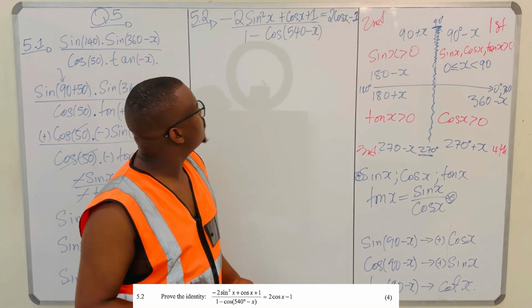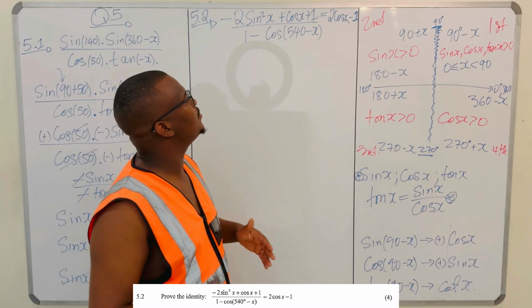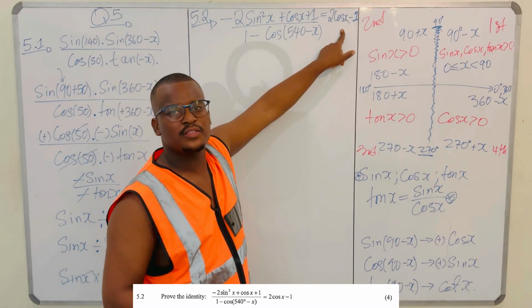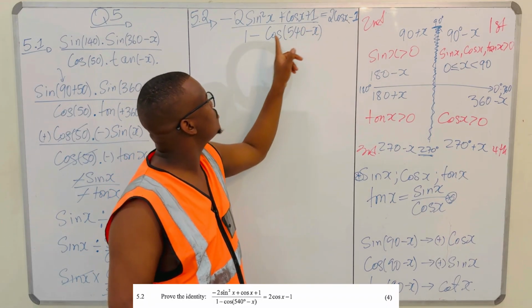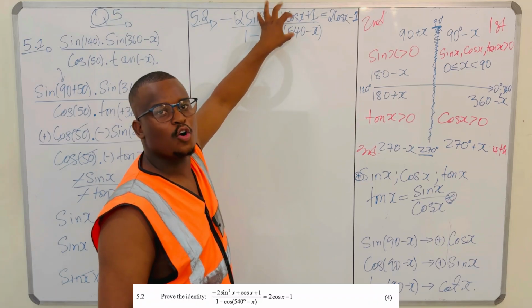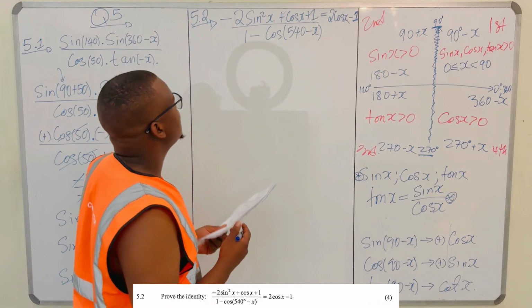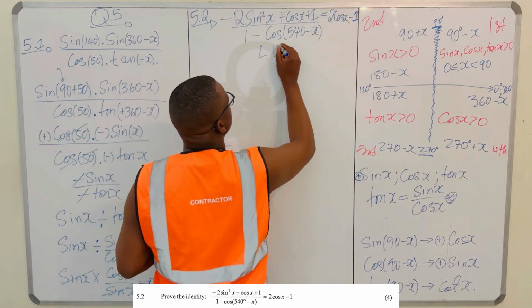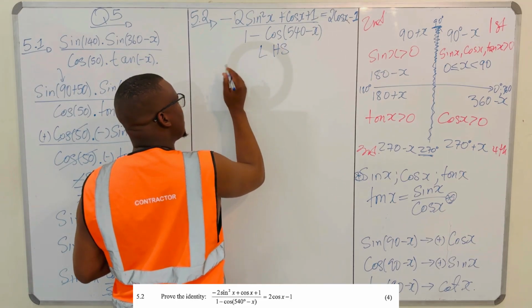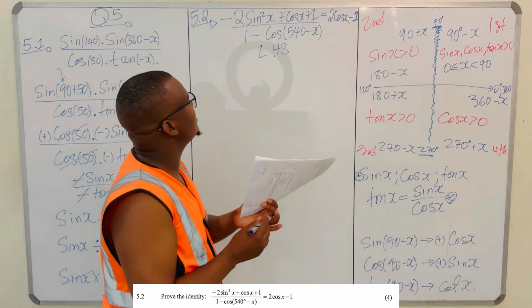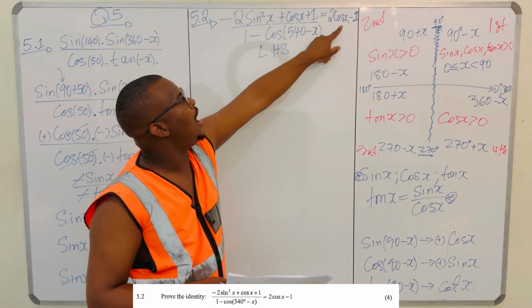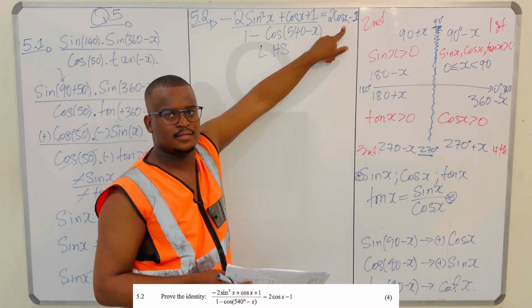So the first thing that you do, you choose which side you think you'll be able to work with. That is the simplest form. I don't know how I can transform this to this, but I can try to transform the complex one to that simple version of it. So let's take the left hand side. We want to prove that the left hand side will simplify to that.